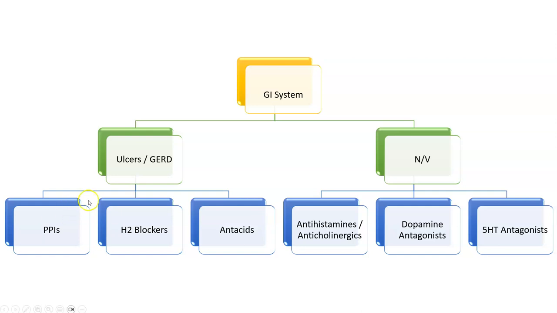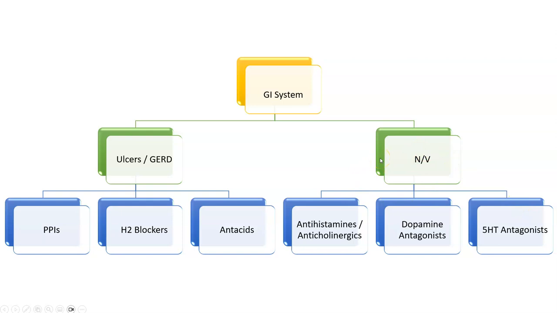H2 blockers. This is a histamine 2 receptor blocker. Antacids, they work against acid, something that happens with ulcers. And then on the other side, we have antihistamines and anticholinergics, which can be used to treat nausea and vomiting, dopamine antagonists, or 5-HT, and that's actually 5-HT3 antagonists.